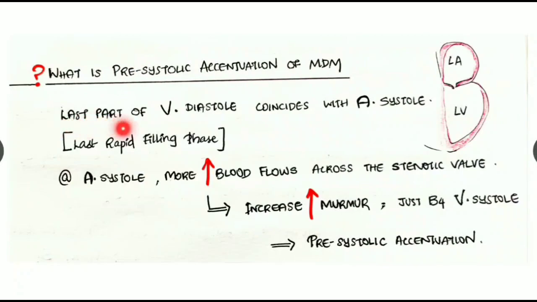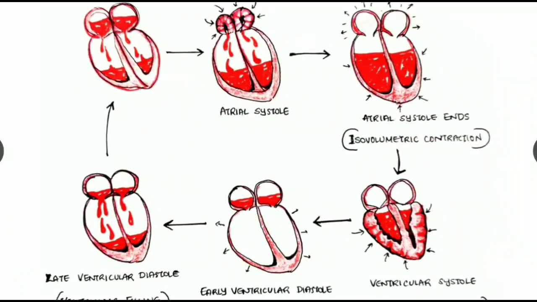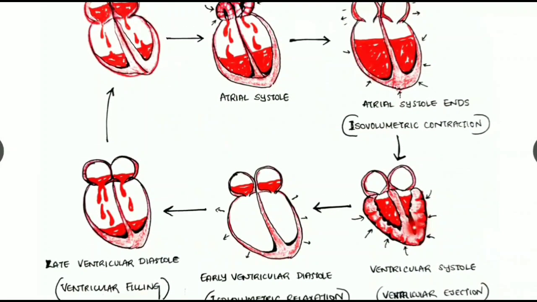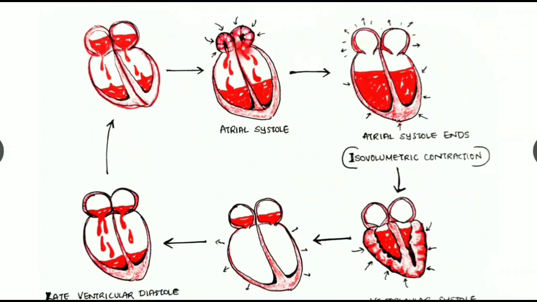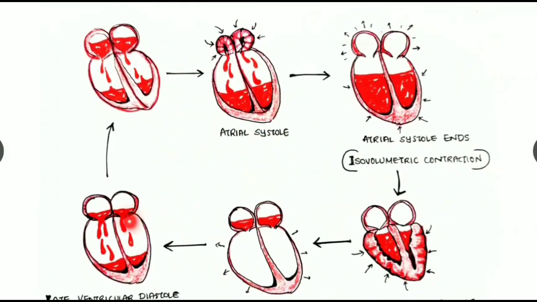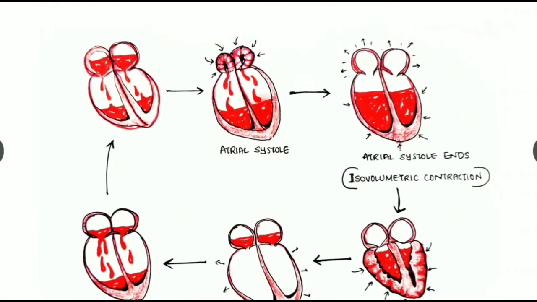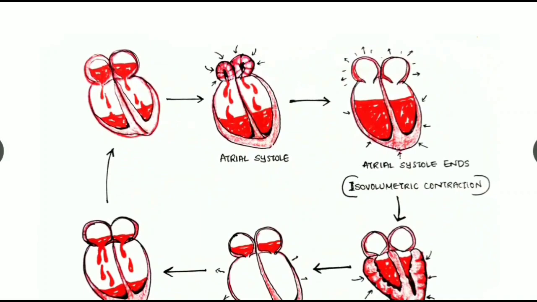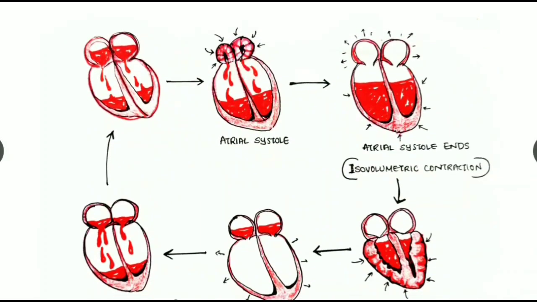Next is, what is this pre-systolic accentuation of the mid-diastolic murmur? That is, the last part of the ventricular diastole coincides with the atrial systole, that is the last rapid filling phase. Here, just before the ventricular systole, there occurs the atrial systole. In all these stages, there is ventricular dilatation, and in this last part of the ventricular dilatation, there occurs the atrial systole. This atrial contraction is just before the ventricular contraction.